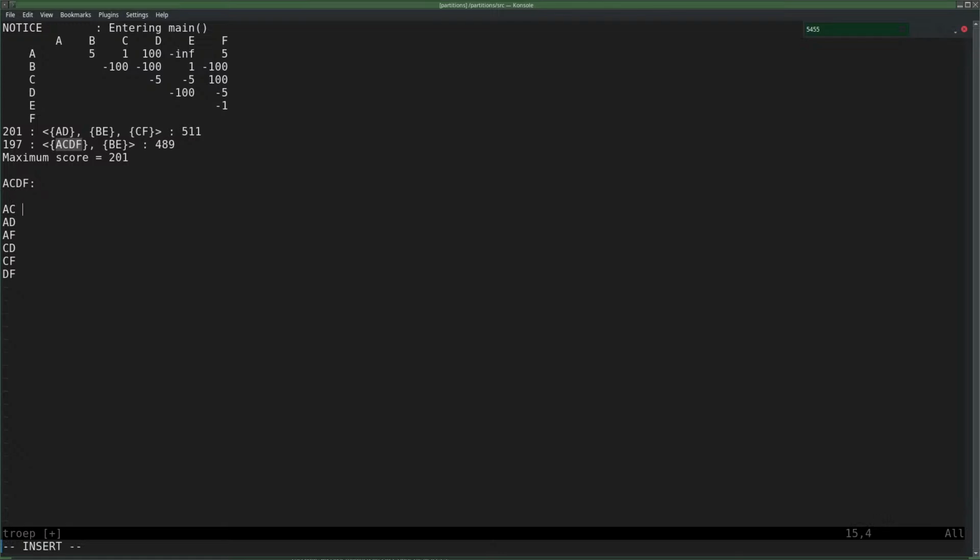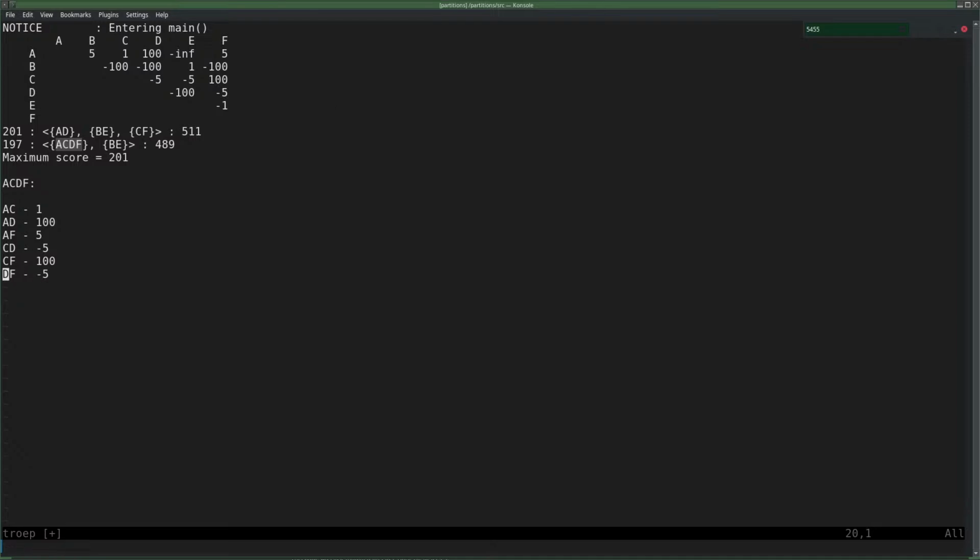And the values are: AC is 1, AD is 100, AF is 5, CD is -5, CF is 100, and DF is -5.